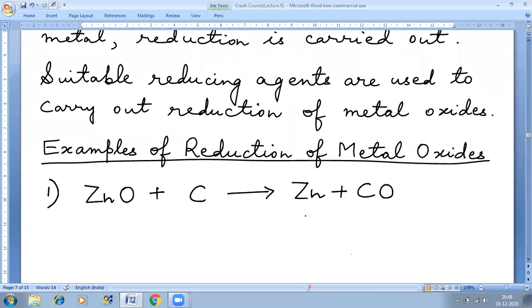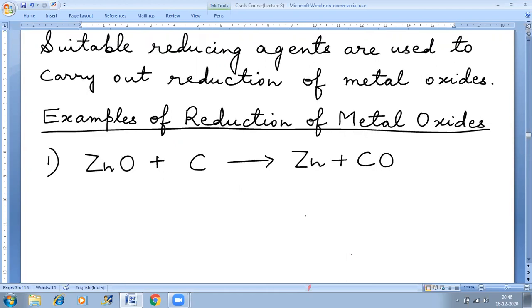So what have I done here? I have reacted ZnO, that is zinc oxide, with carbon. Carbon is acting as a reducing agent here, and I'm getting ultimately zinc metal as a product. So what is the process here? Carbon is introduced in the form of coke.